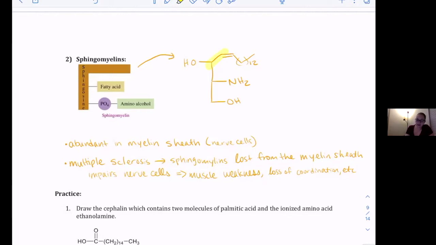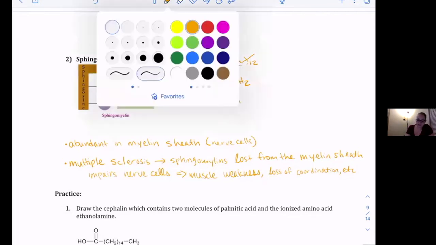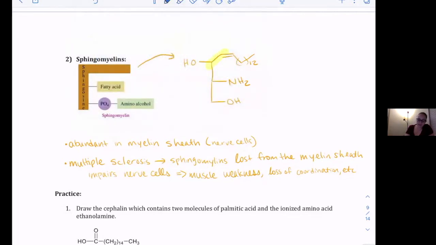And then as you go down the second row, you're going to have an amine here. This amine is going to have an amide bond to a fatty acid. And then lastly, we have our alcohol.